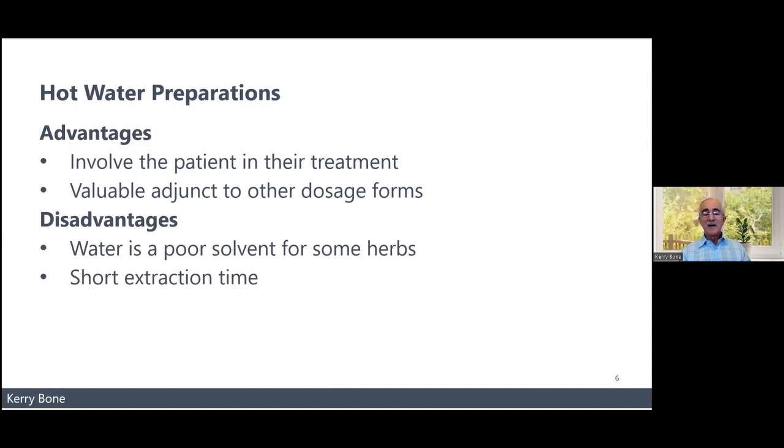But in many, many cases, especially when it's hot, and especially via decoction, you'd be amazed what the water gets out. And in traditional Chinese medicine, they often put licorice in their decoctions, and the licorice contains saponins, especially glycyrrhizin, and that acts kind of like a detergent.